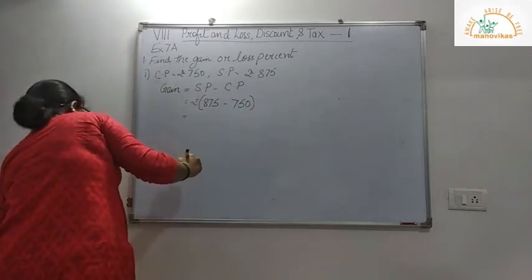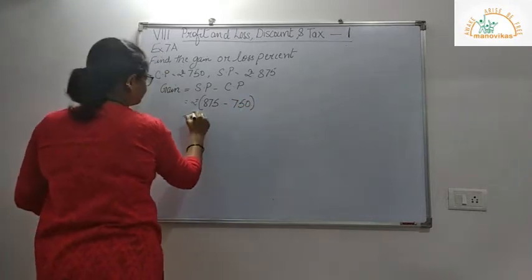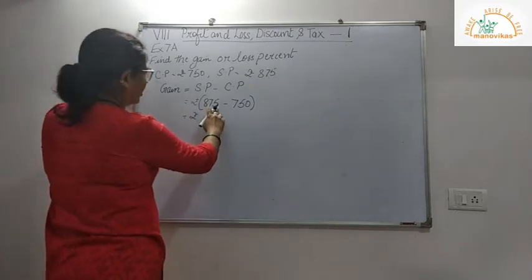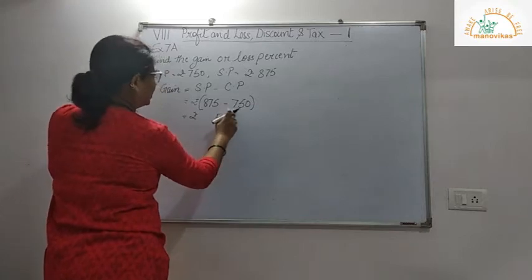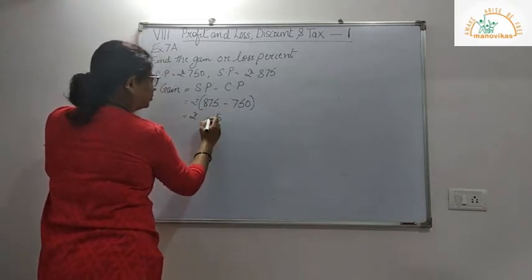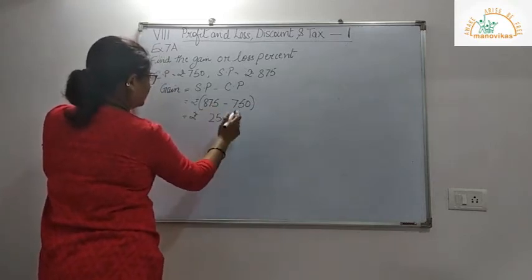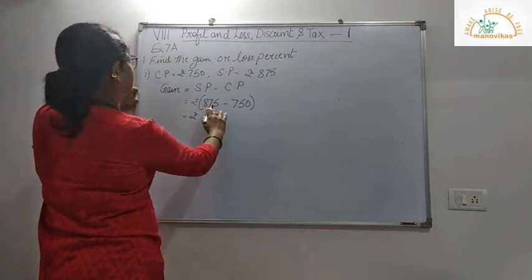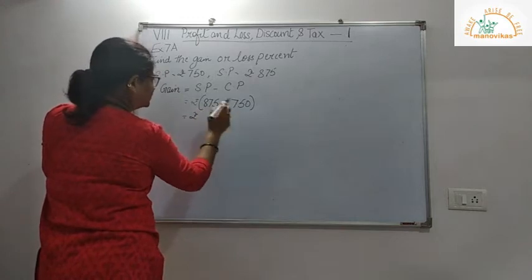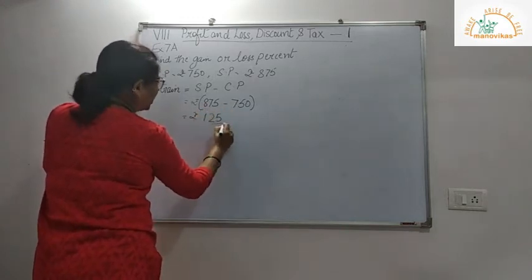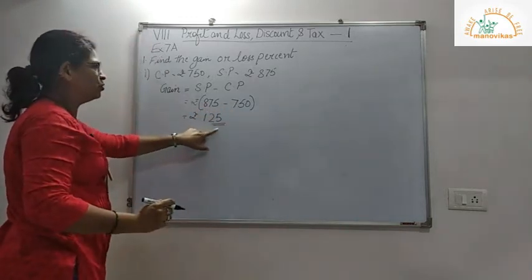Once I subtract, I get here 5 minus 0, that will give you 5. 7 minus 5, again here you get 2, and 8 minus 7 will give you 1. So my gain here is rupees 125.